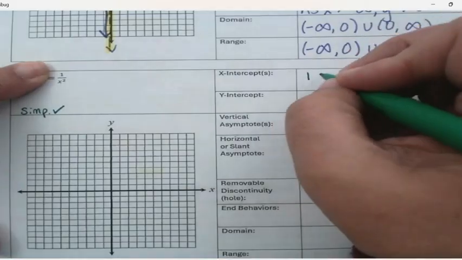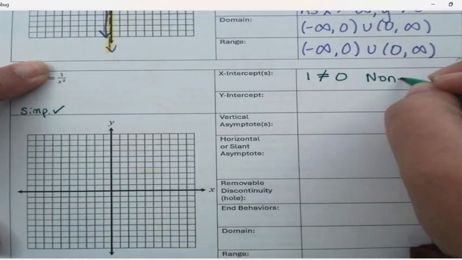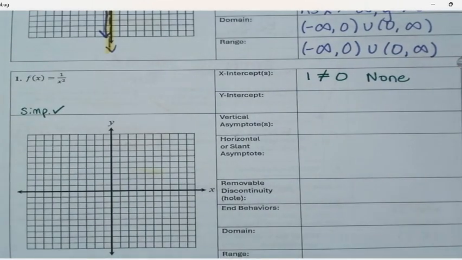Step number 2 is to find the x-intercept by setting the numerator equal to 0. The numerator is 1 equals 0. That doesn't make any sense. There must not be an x-intercept, which probably means there's going to be an asymptote on the y-axis.